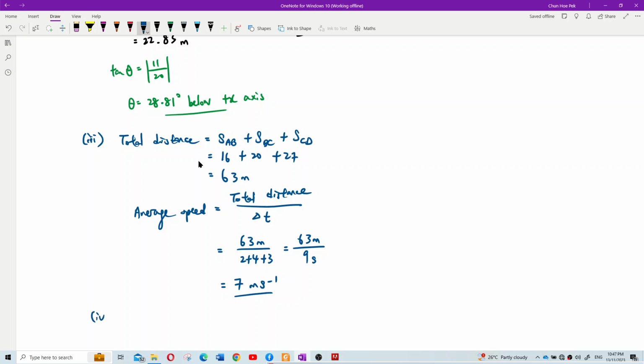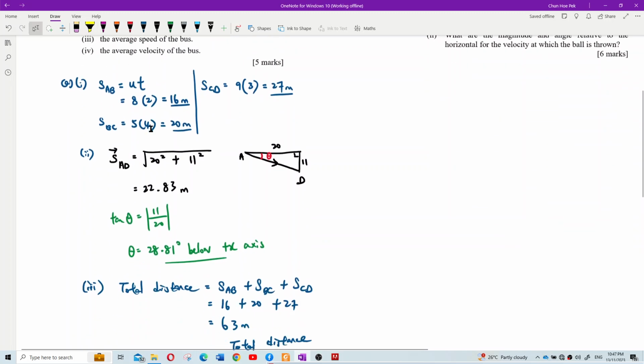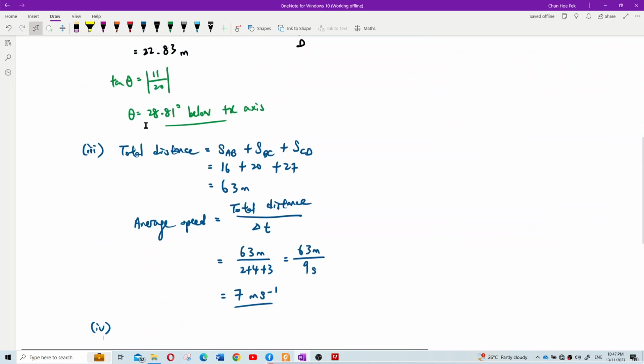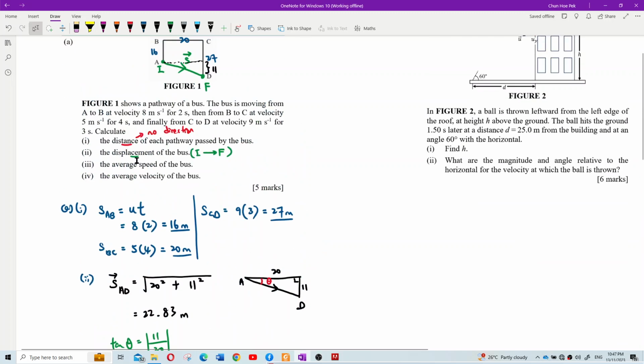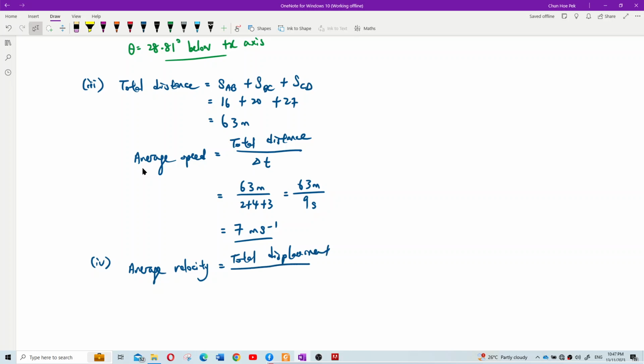And then question 4, average velocity. Average velocity is a vector quantity. So it's total displacement over total time taken.